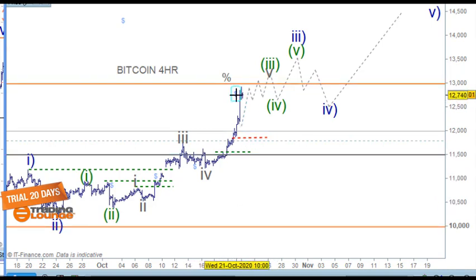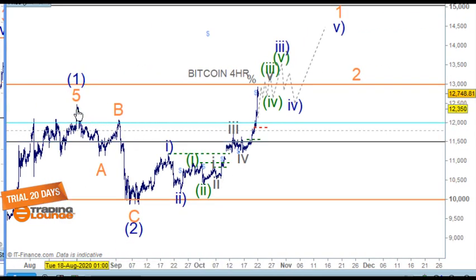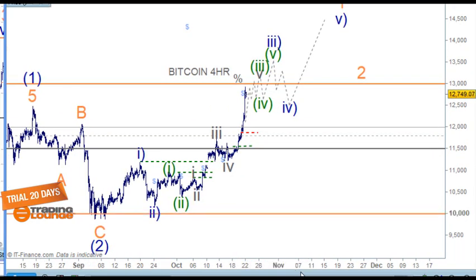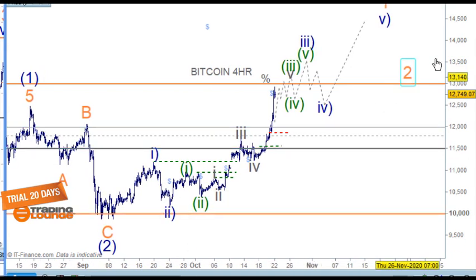Today I bought another $1,000 here. So that's $5,000 I've got in the market at this stage, and I will continue to do that. As I mentioned before, once we have taken out these tops here and we can prove that it's a bullish trend, then I will probably start putting in some extra money.